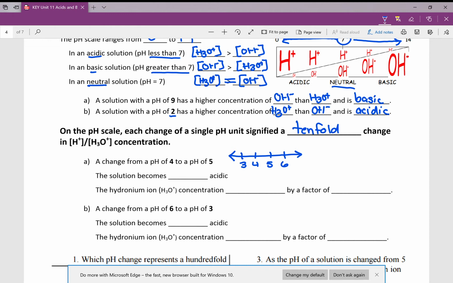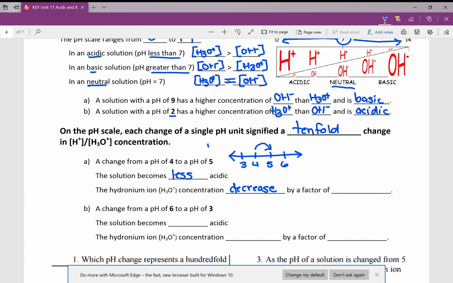This is saying if I have a change from 4 to 5. So first off, I'm moving to a greater pH. Okay, this is becoming less acidic. So as you move farther away from 0 or 1, it's becoming less acidic. This means that the hydronium ion concentration is going to decrease.